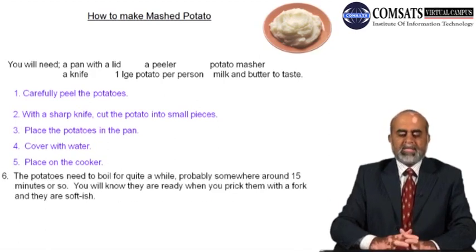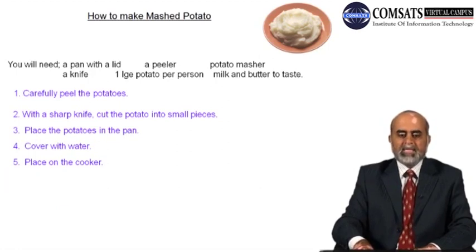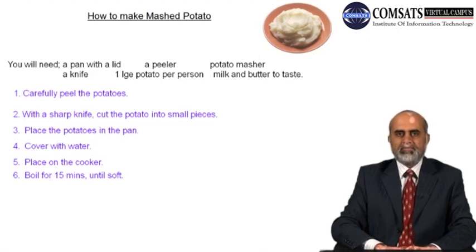Okay, let's look at the next step, which again is a very long one. The potatoes need to boil for quite a while, probably somewhere around 15 minutes or so. You will know they are ready when you prick them with a fork and they are softish. Instead of such a lengthy sentence, you can have a simple one: boil for 15 minutes until soft.